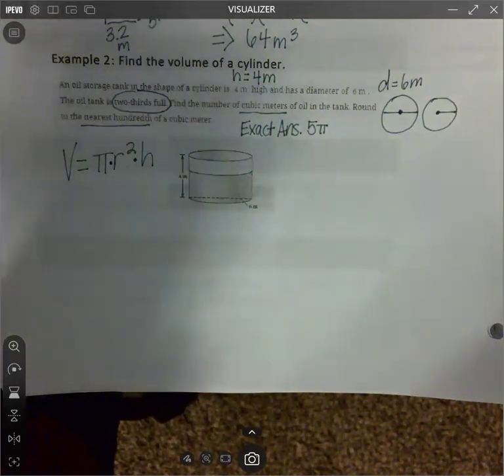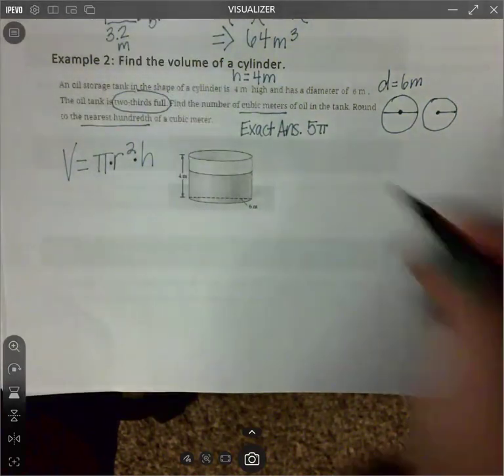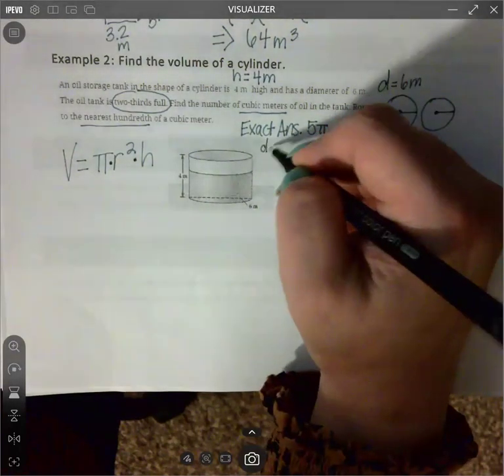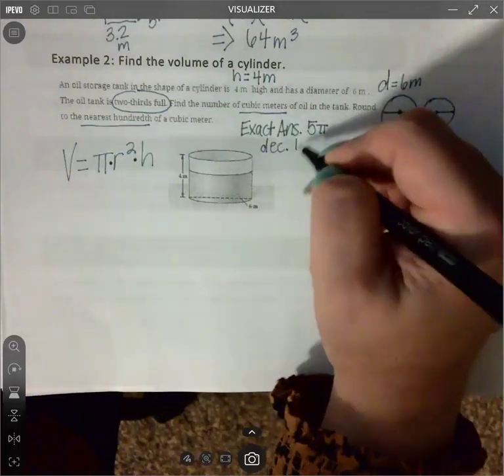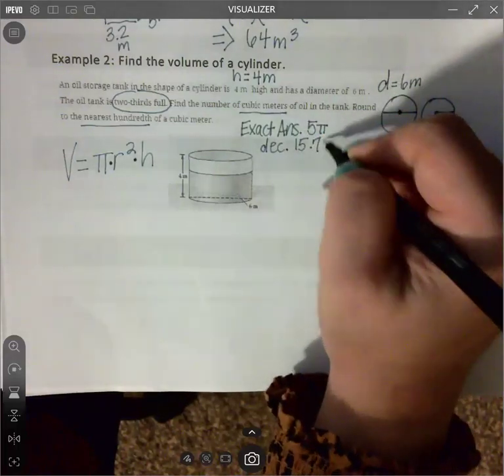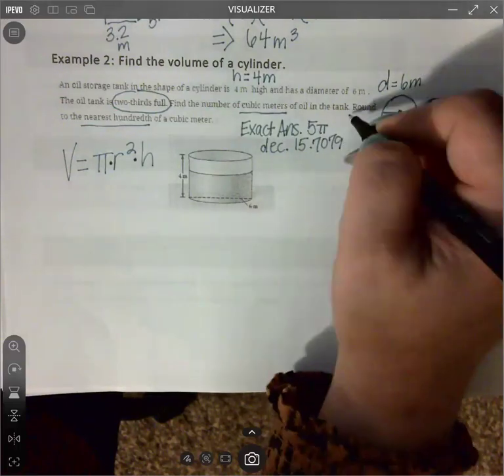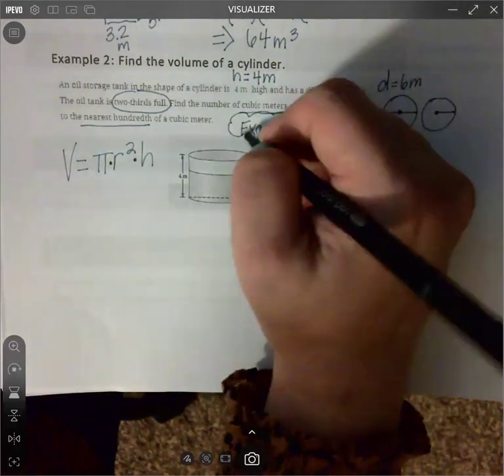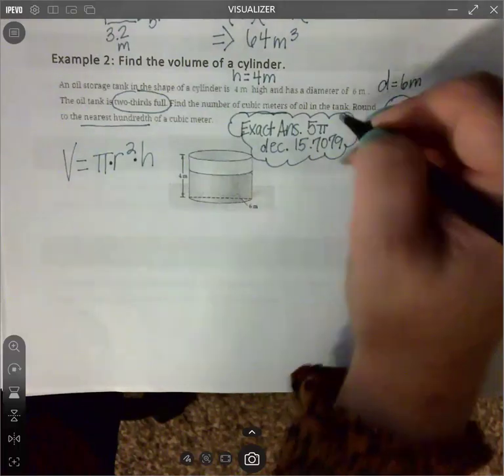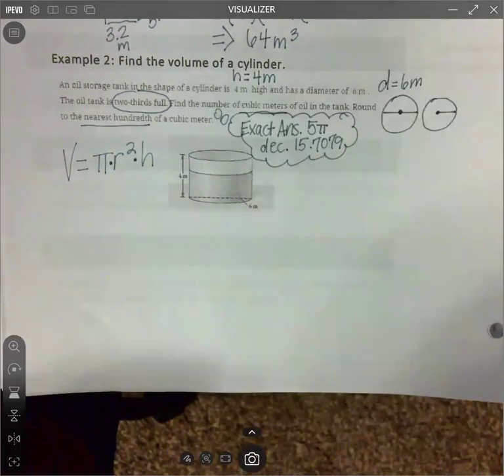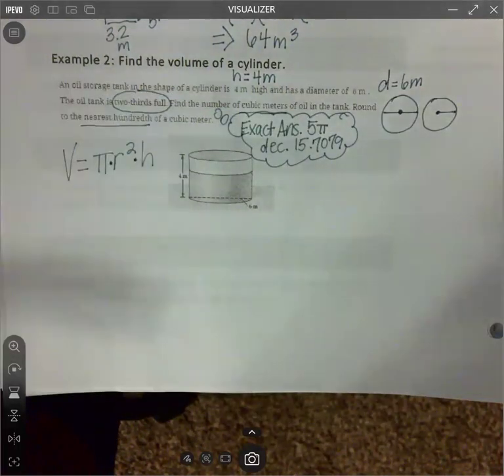And then you're going to take 5 times the pi button on your calculator. And that would be 15.7079, etc. So pay attention to which way it asks you to write your answer if you're doing your homework problems, because they are automatically graded.